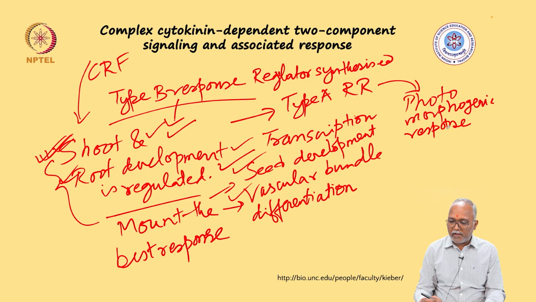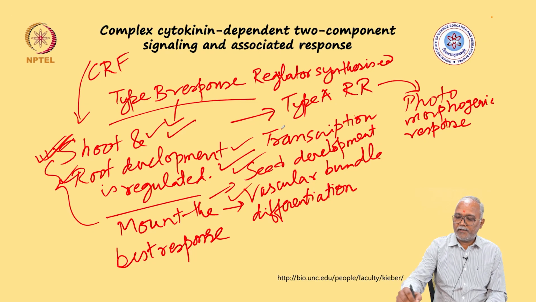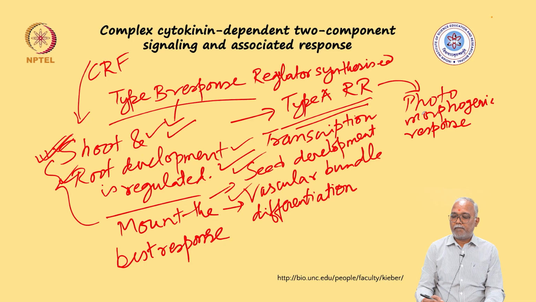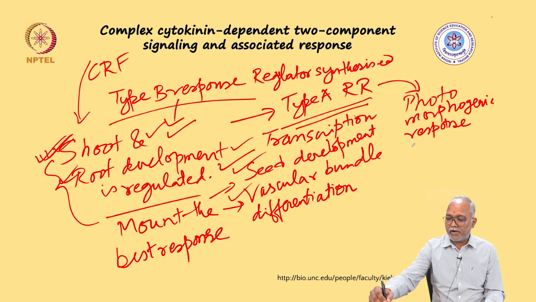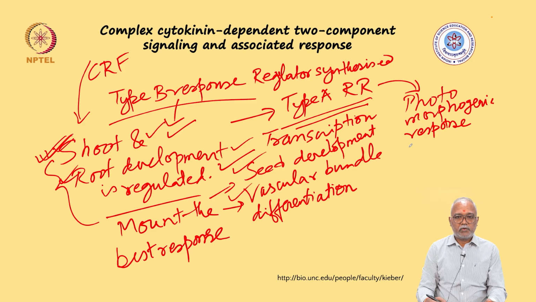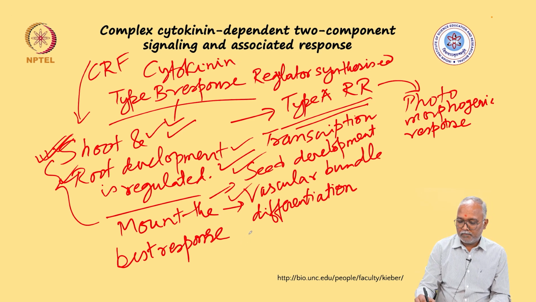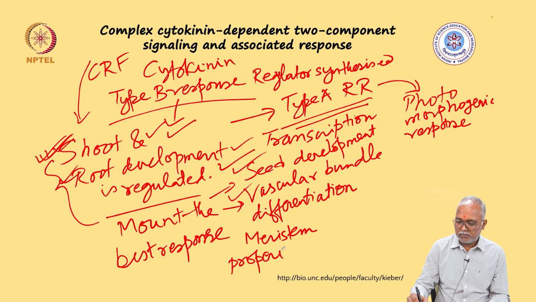What will happen over there is that these type A response regulators will engage in the signaling which is mediated by phytochromes to generate the photomorphogenic response. We will see more examples of that in the coming slide, but one thing which cytokinin ends up affecting is the meristem properties.